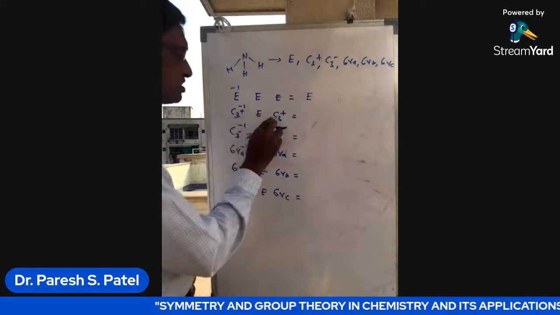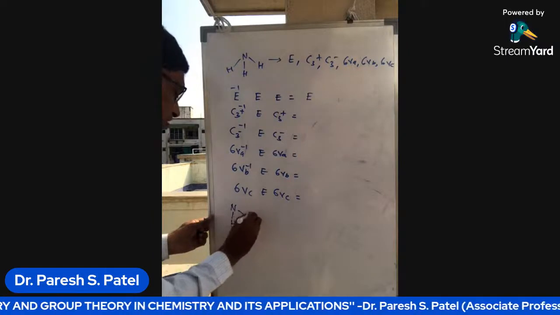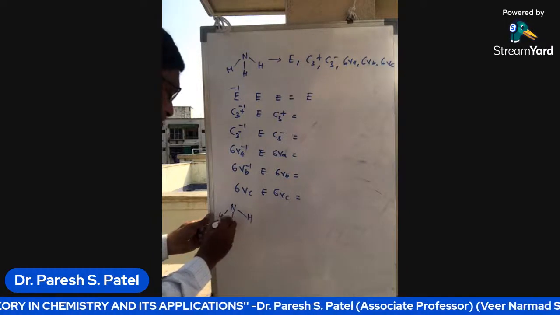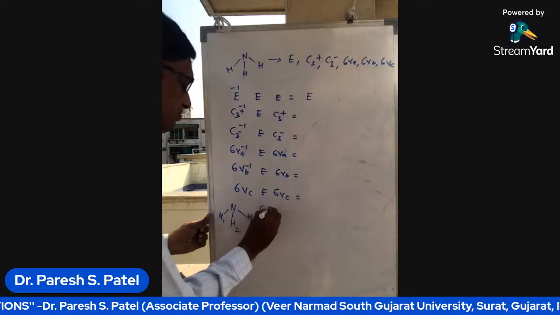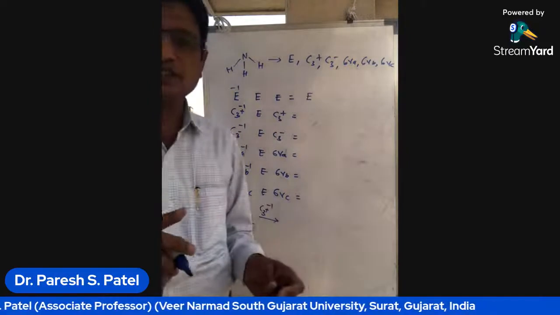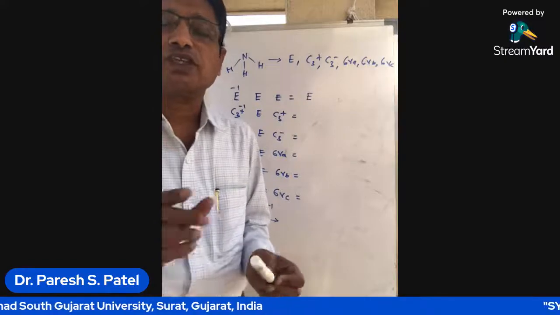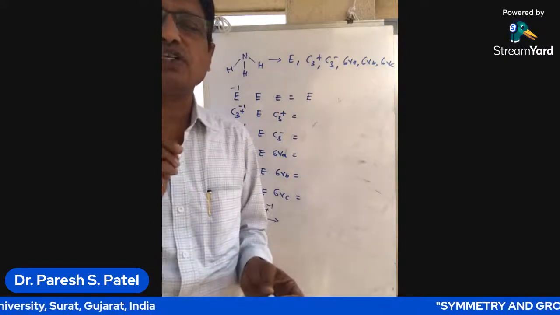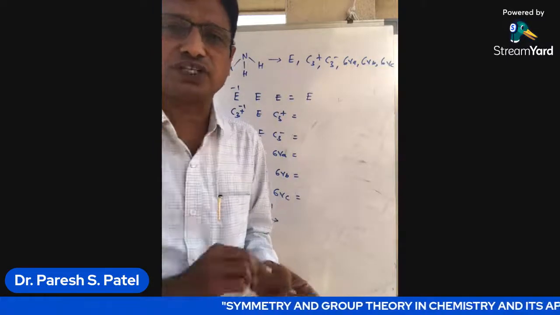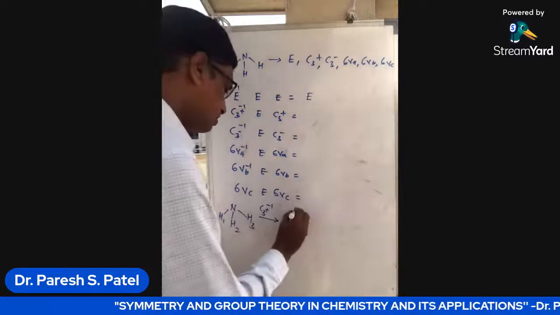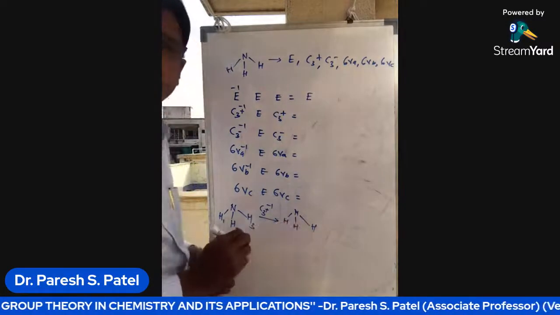Now C3 plus inverse E C3 plus. What will happen over here? Let us see the ammonia molecule. Suppose these are 1, 2, and 3. C3 plus means one time clockwise rotation by 120 degrees. So C3 plus inverse means one time anti-clockwise rotation.